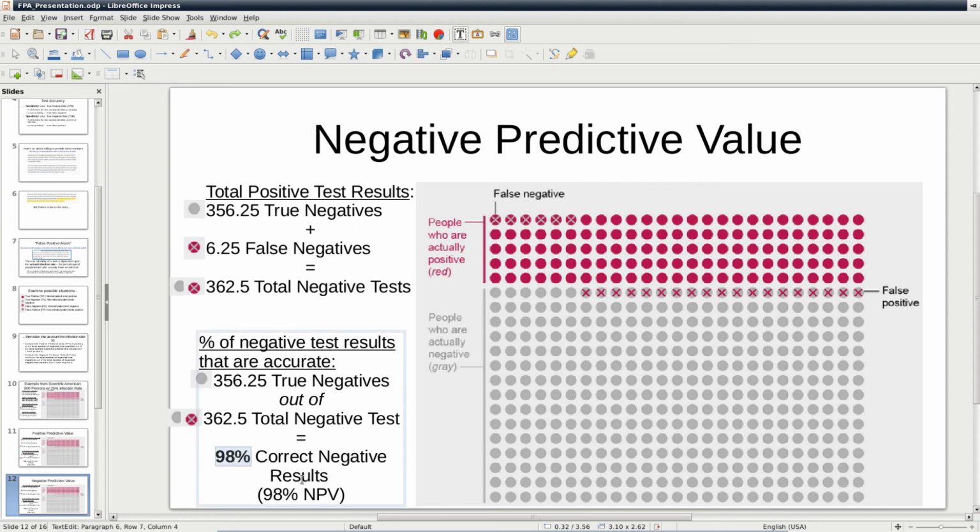Actually, there's 98% correct negative results. So when the test gave a negative result, 98% were true negatives. Only 2% were actually false negatives.